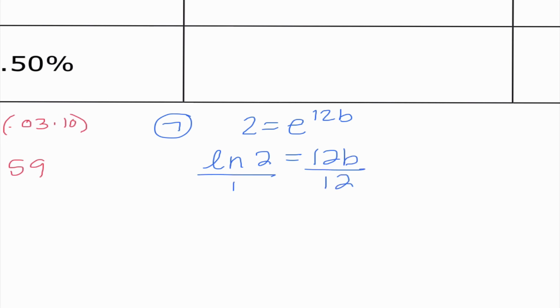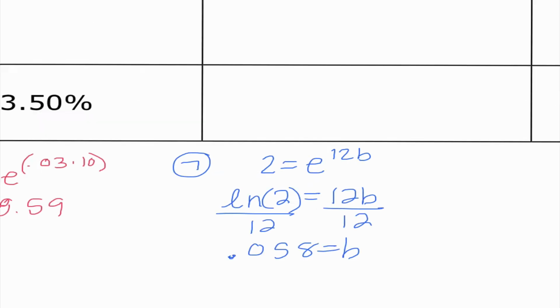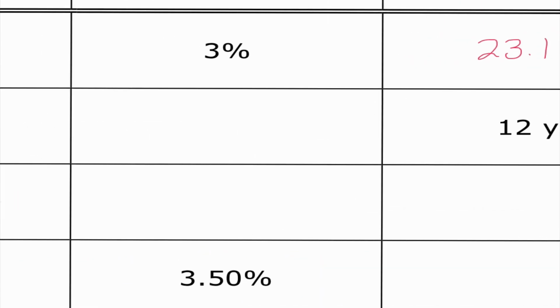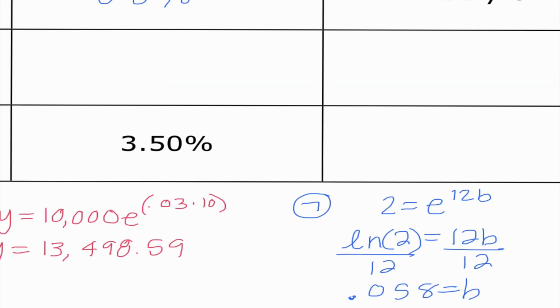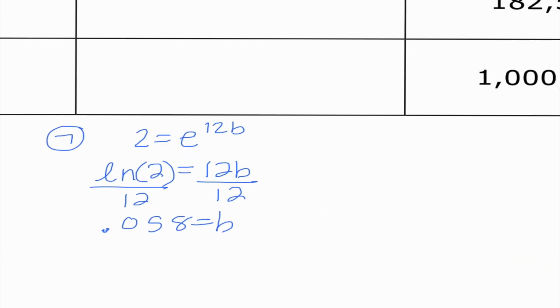I'm going to divide both sides by 12, and I end up getting 0.058 is our b value. So I'm going to go ahead and write 5.8%. And it did tell us to use the rate to the nearest tenth. So now that I have that rate, it's going to be a lot easier for me to figure out how much money there is going to be after 10 years.